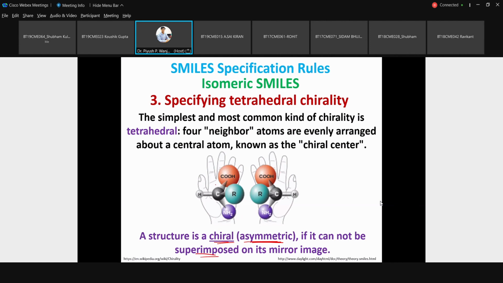If you put one hand on the other hand, not in the opposite way, but with the palm facing the same direction, both structures won't be able to superimpose on each other. So these are the chiral structures.